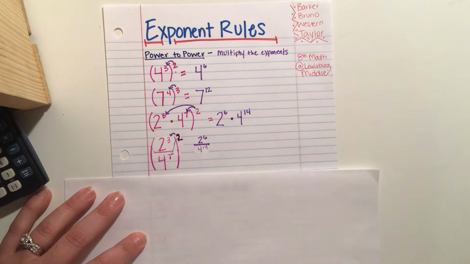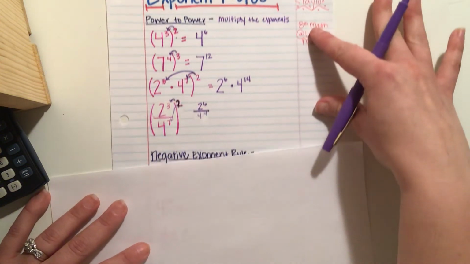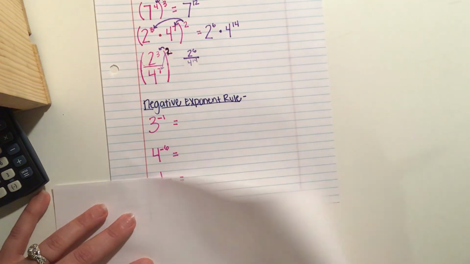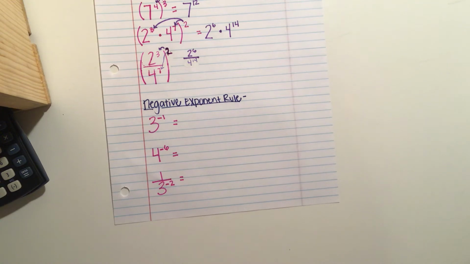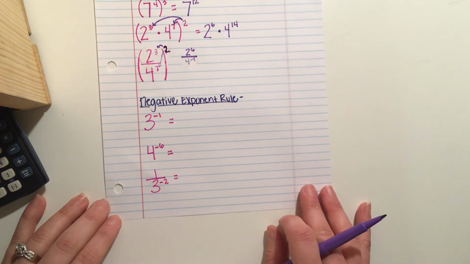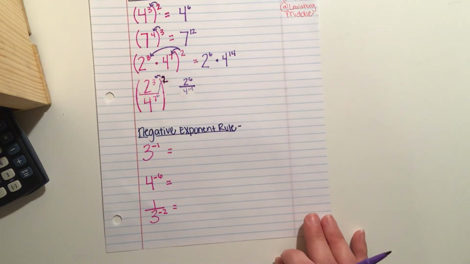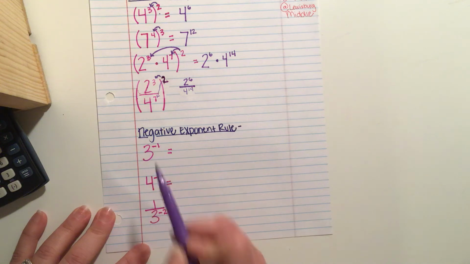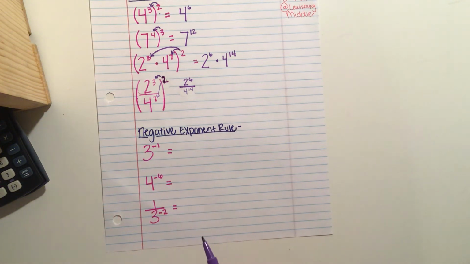Okay, so let's move on down to another exponent rule. We have the negative exponent rule. Anytime you have negative exponents, you can't keep that negative in your problem. So notice 3 to the negative 1. That's not proper. You don't want to have a negative as an exponent.